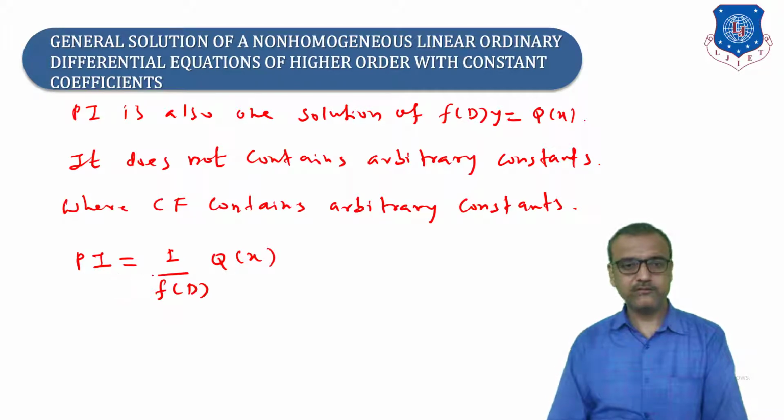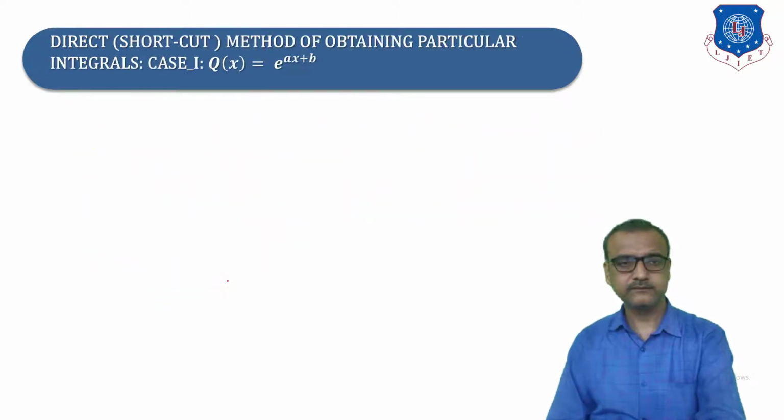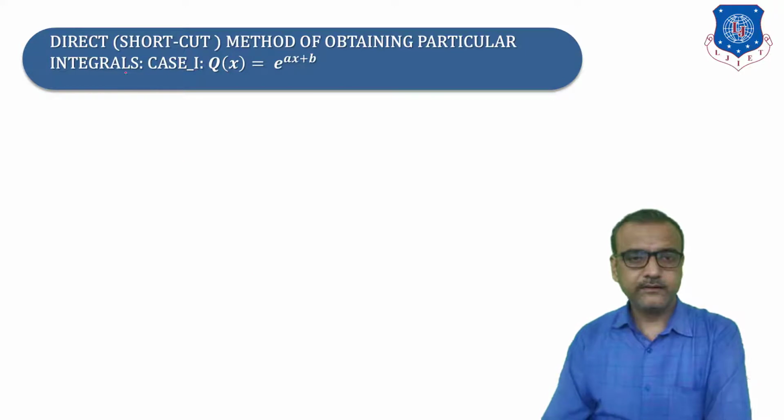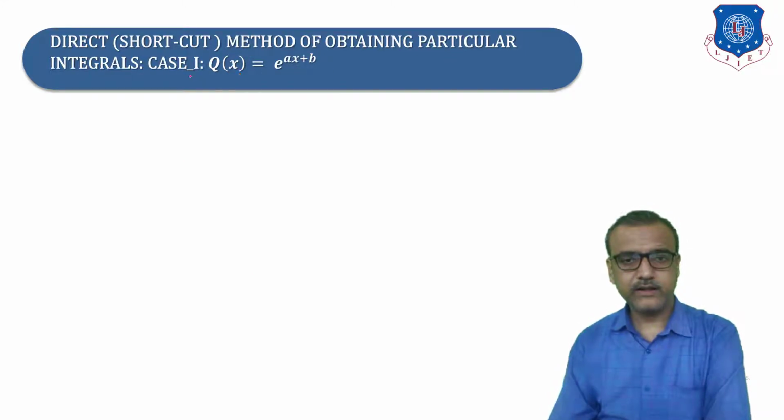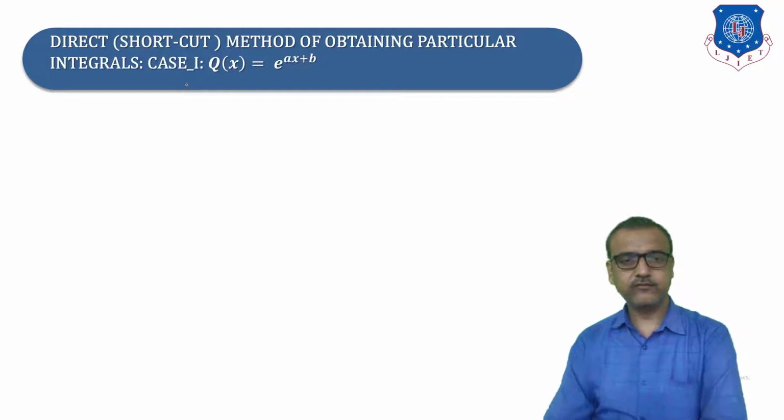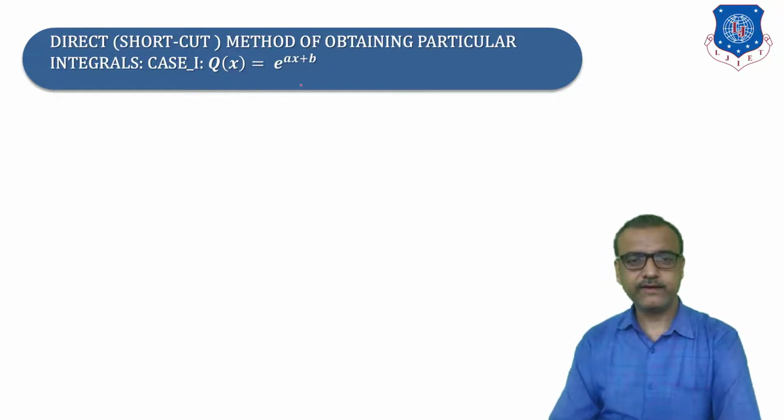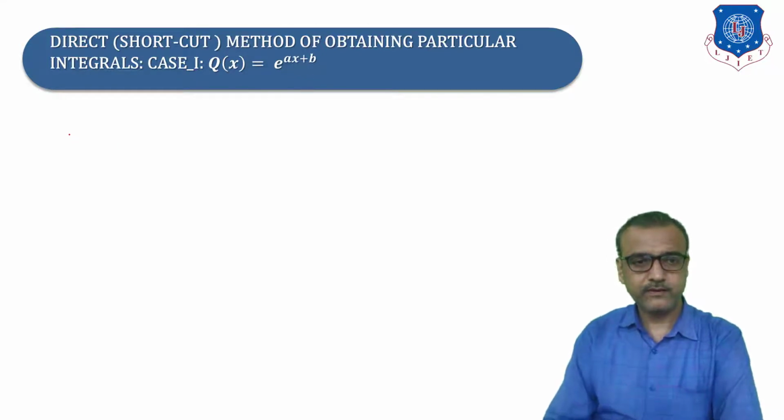Today, we will see case number 1, the direct or shortcut method of obtaining the particular integral. So today we are going to discuss case number 1, when Q of x equals e raised to ax plus b.